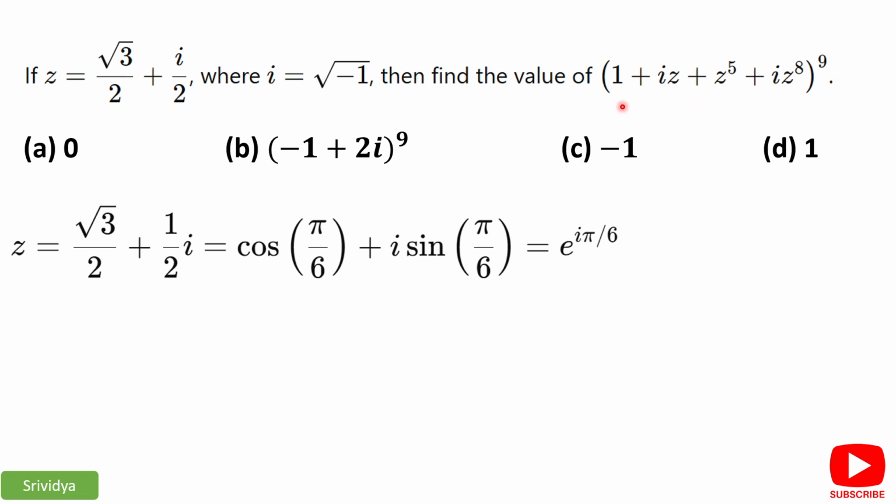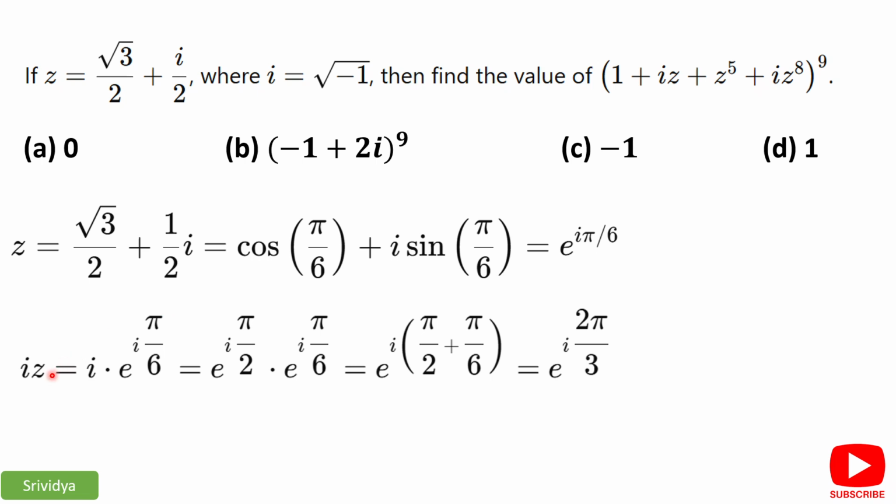For that, let us evaluate the base term by term first, so I will consider iz. iz is nothing but i into e to the power of i into pi by 6, because z is equal to e to the power of i pi by 6. When you express i in polar form, it is cos pi by 2 plus i sin pi by 2.